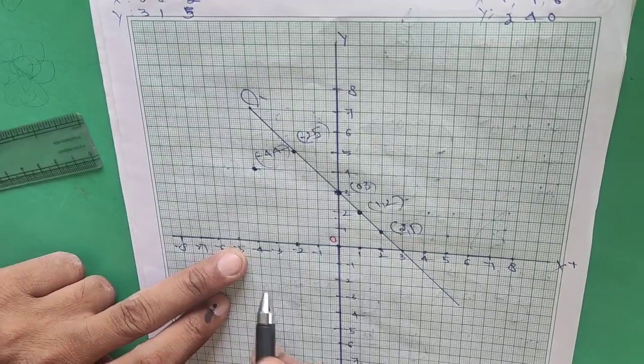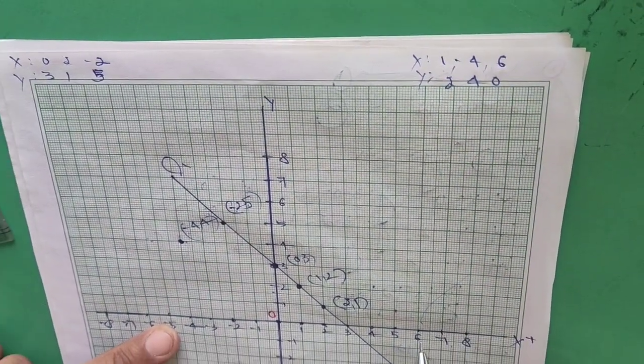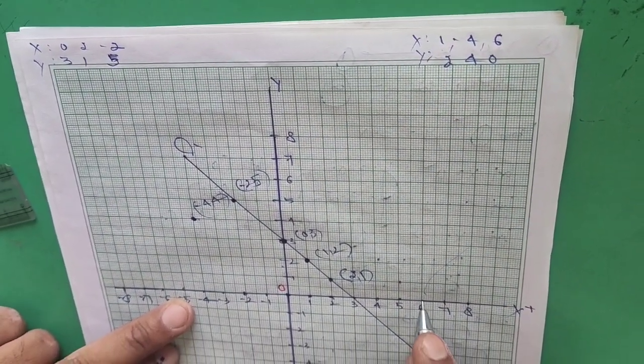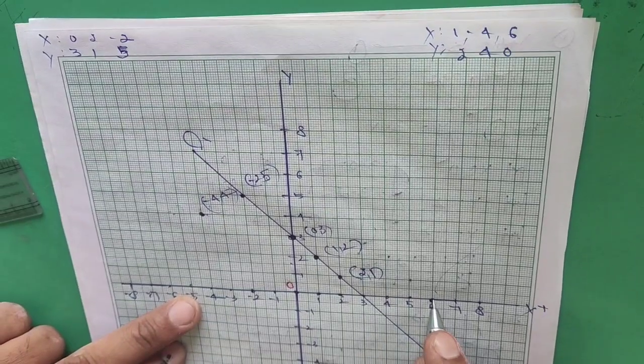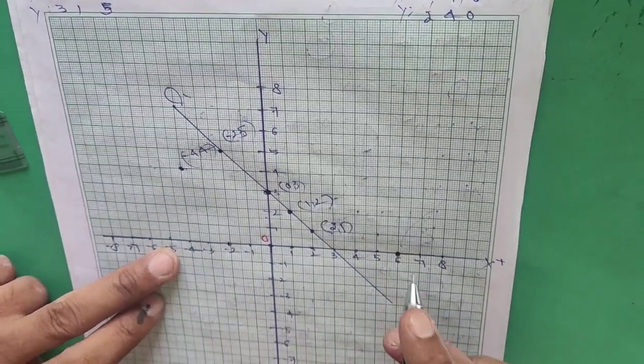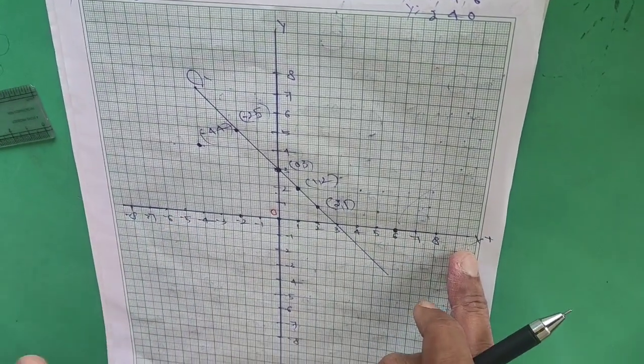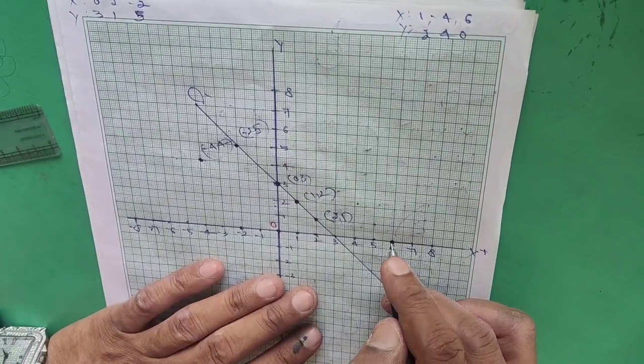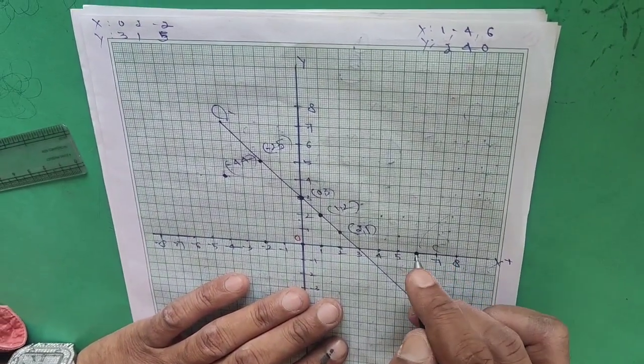And third point is (6, 0). X is 6 and y is 0, because we know on the x-axis y is always 0, and on the y-axis x is always 0. So the point (6, 0) is here.